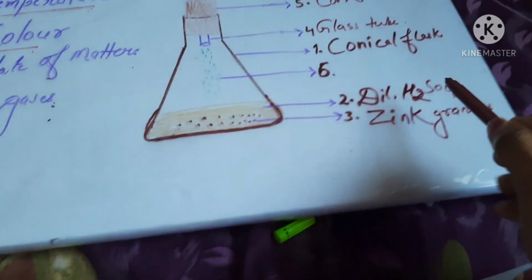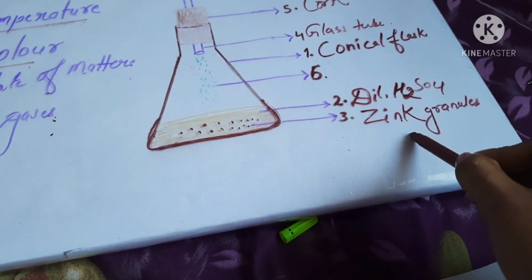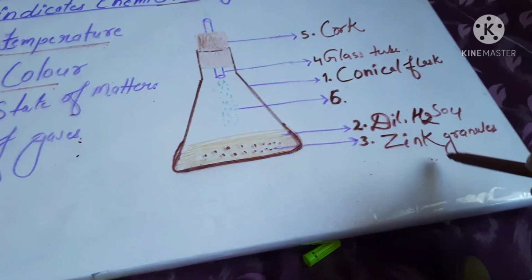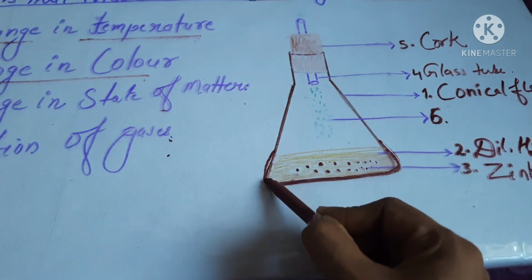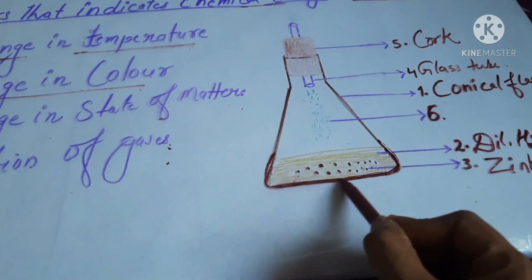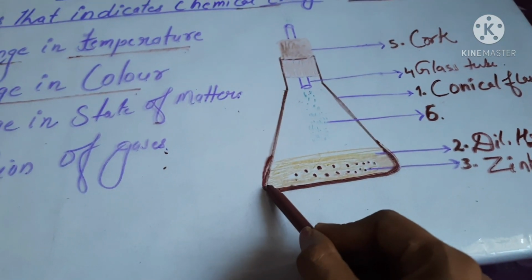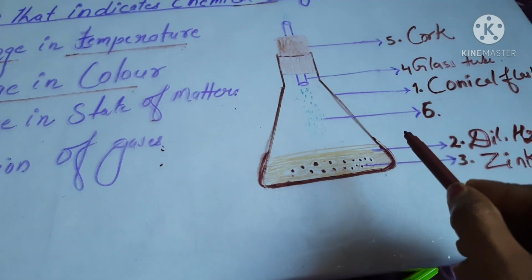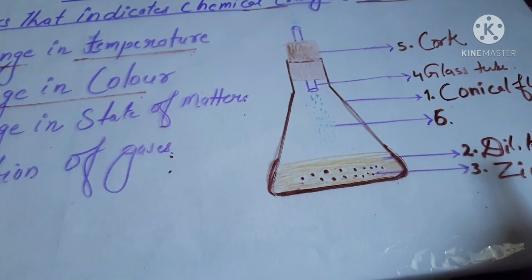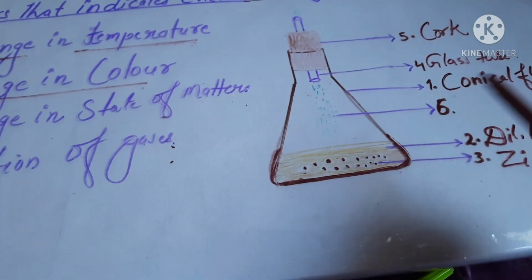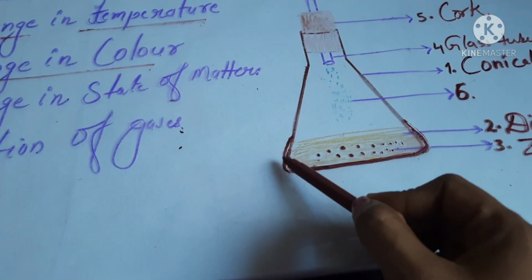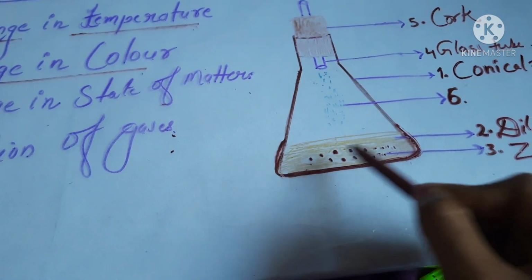Before the interaction of dilute H2SO4 and zinc granules, when we touch the conical flask, its temperature is normal. But when zinc granules and dilute H2SO4 start to interact with each other, after some time when we touch the conical flask, it is hot or it may be warm.